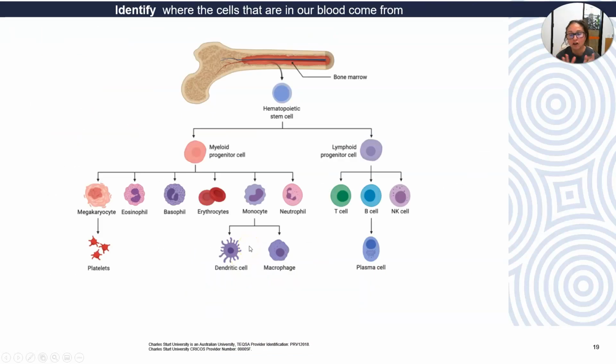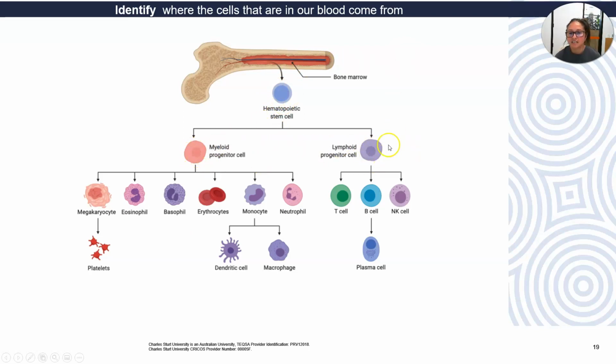Just to recap, we're getting to the point in the subject where we are seeing things over and over again, which is great. We know where our blood cells come from. They come from red bone marrow. In your bone marrow, you've got a stem cell that can turn into this guy or this guy.